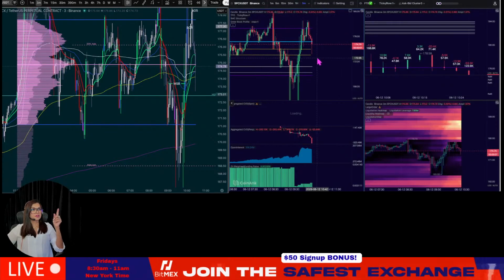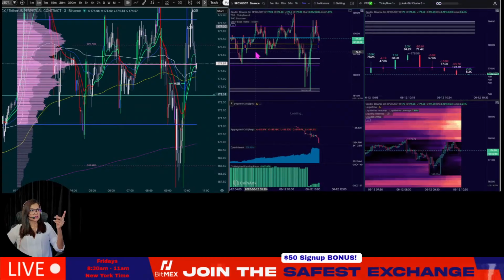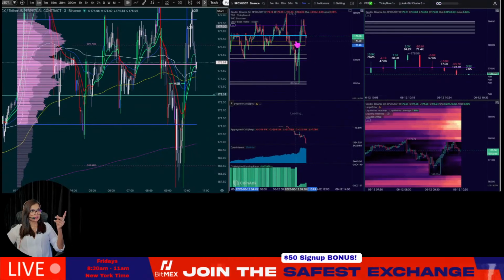So another thing about the naked nodes is that previous naked nodes would act as resistance becomes support. So previous resistance becomes support, previous support becomes resistance on your naked nodes. This is a great example because this is the naked node here. We drew it out. It was resistance.